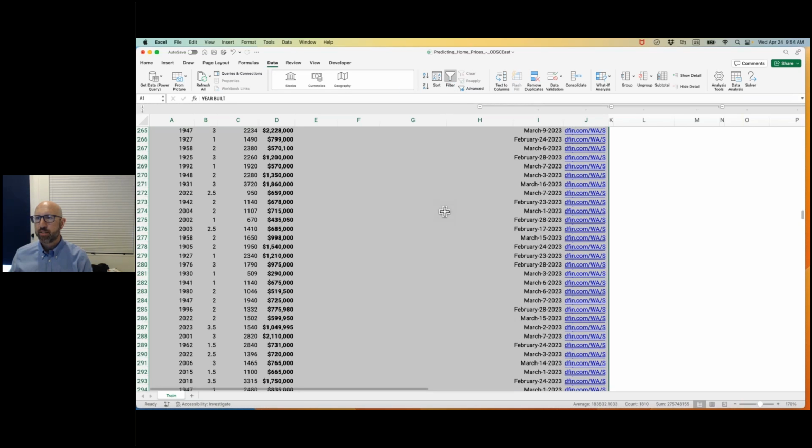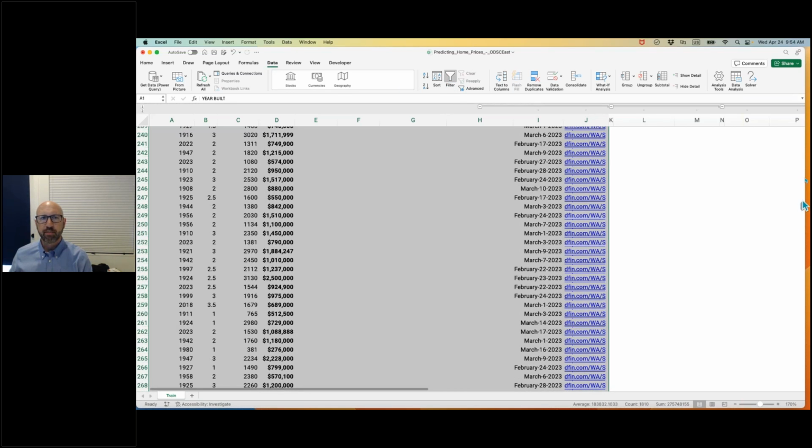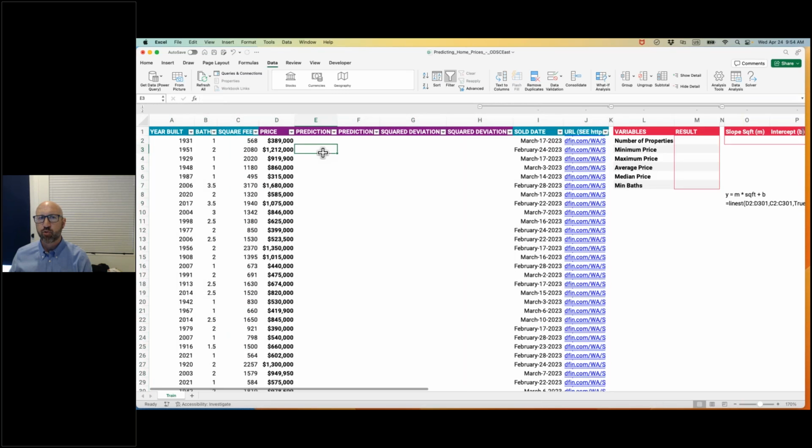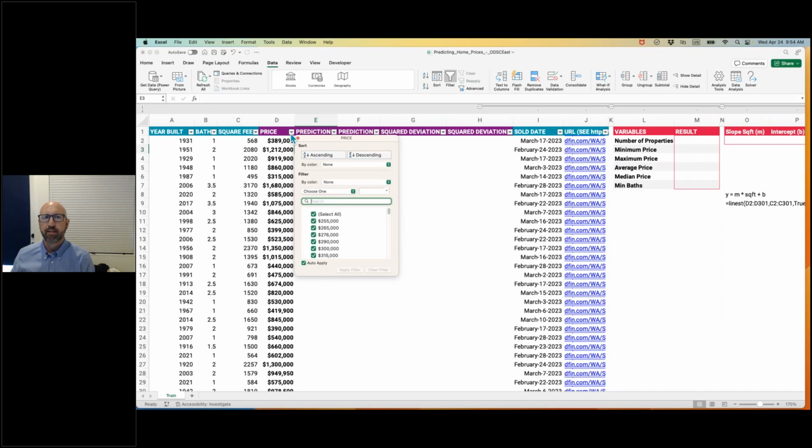What that does, if we scroll here to the top, is that it adds these triangles here so we can filter our data. The first thing I want to show is, let's see what our least expensive property looks like. So I'm going to go into our price column, and I'm going to sort this ascending. Ascending means from the smallest value to the largest value.